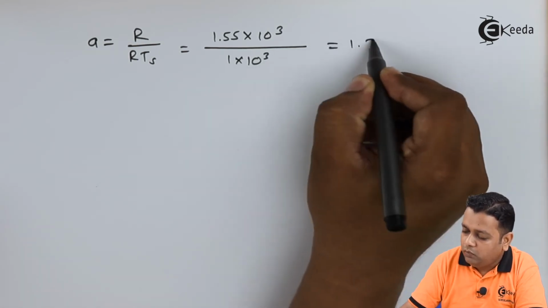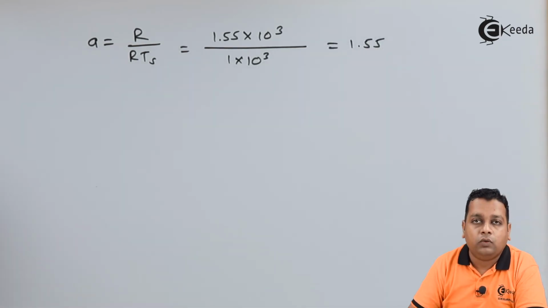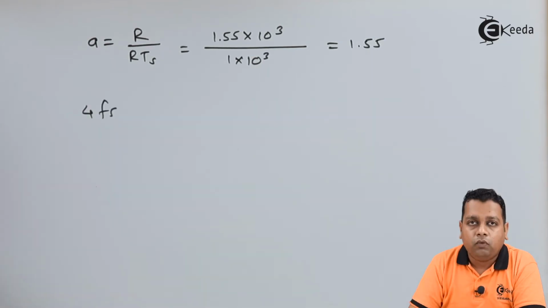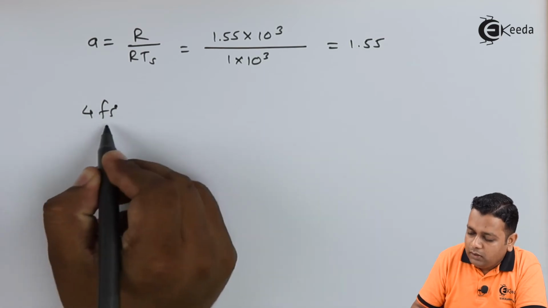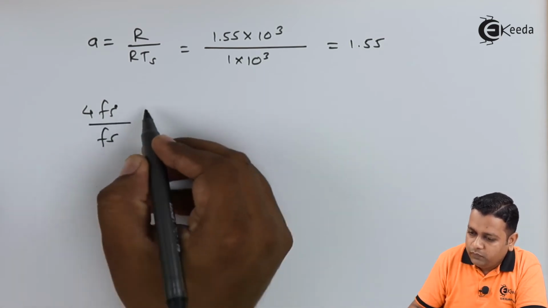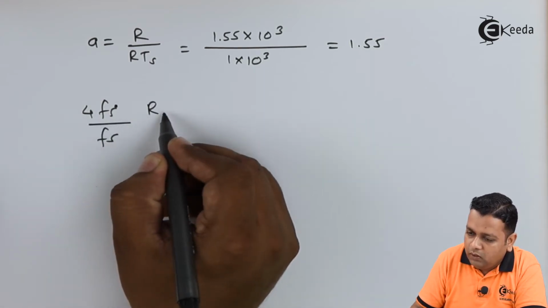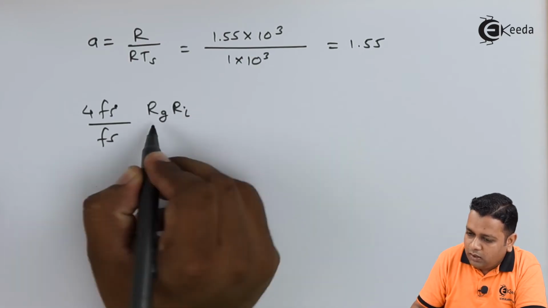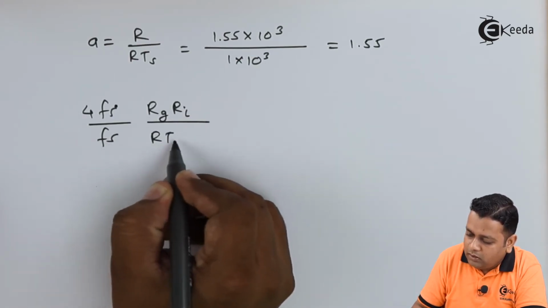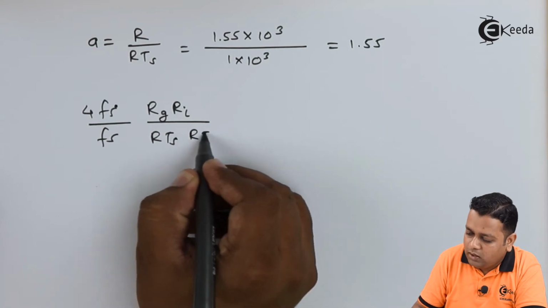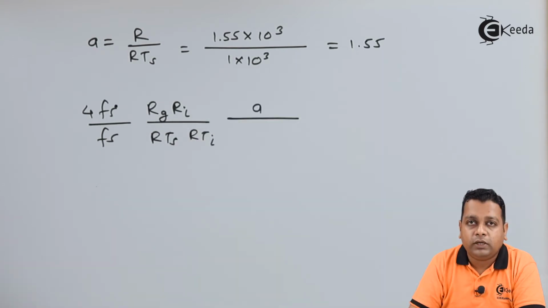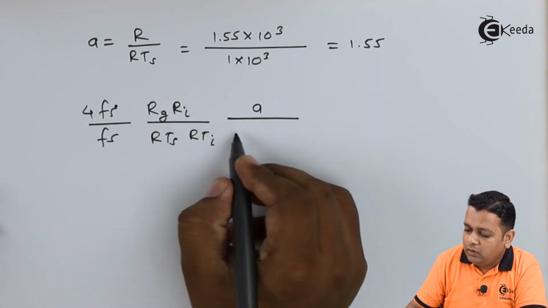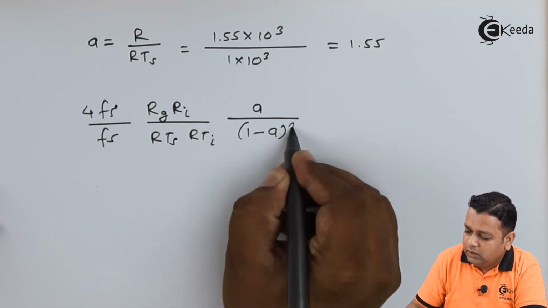again the value 1.55. Now the formulation for the gain can be represented as 4 into fi divided by fs, in multiplication with rg into ri divided by RTs into RTi, in multiplication with a divided by 1 minus a squared.